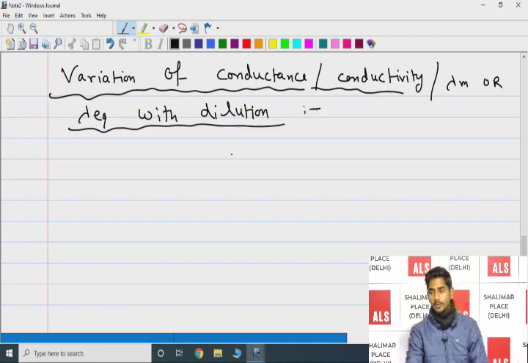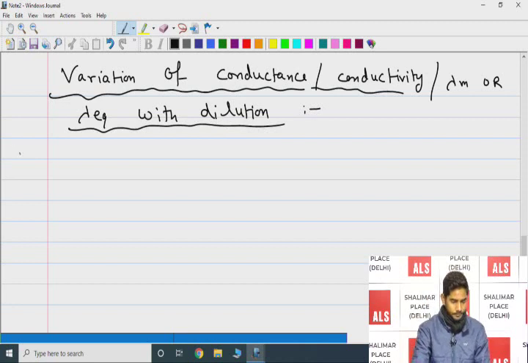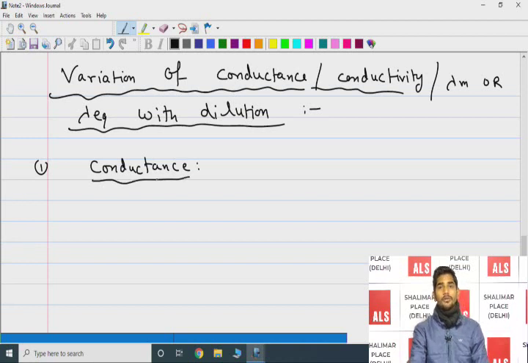Okay, so let's start. First is conductance. Definitions we have already discussed, even the concept as well. Now let's see how they are affected on dilution.